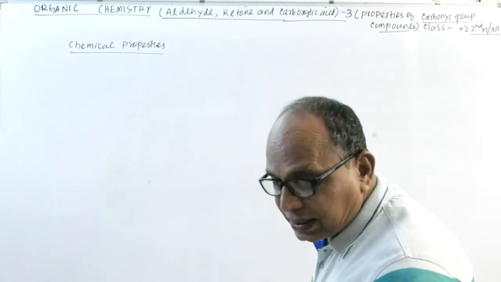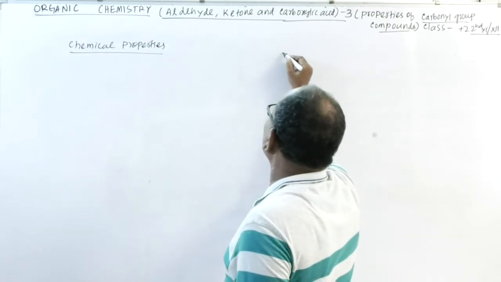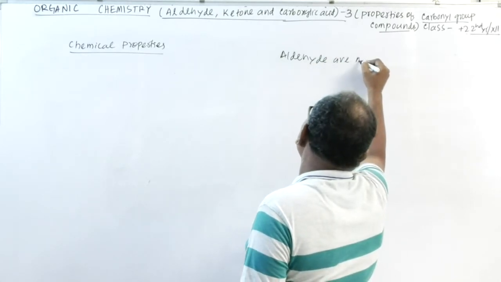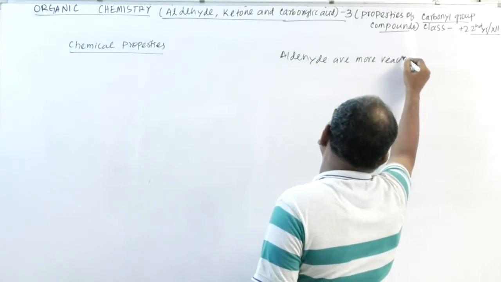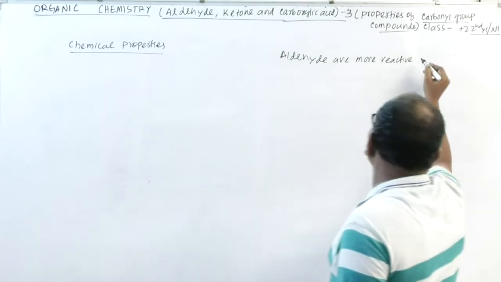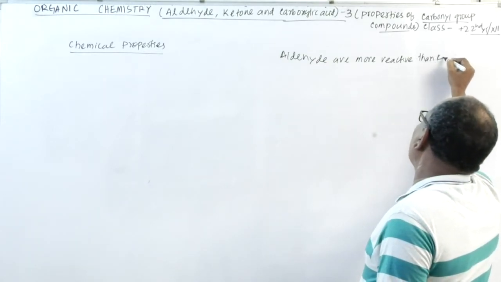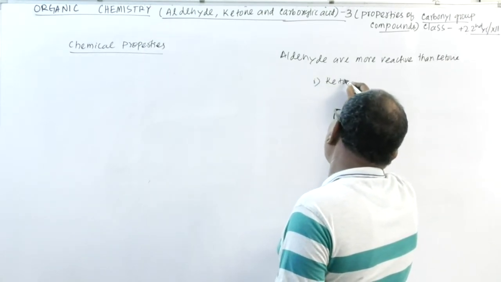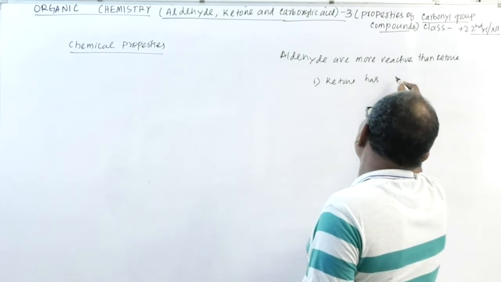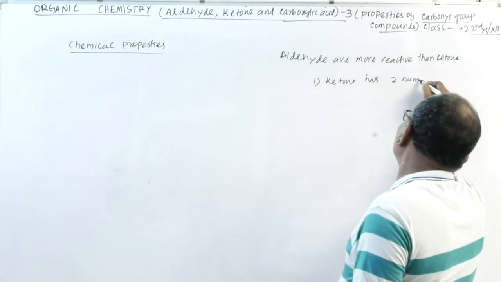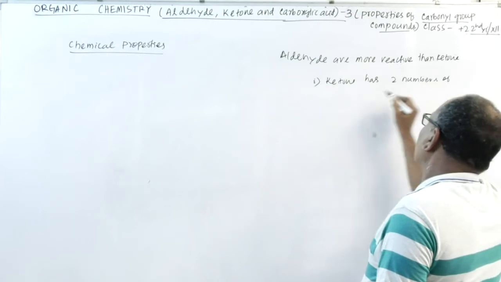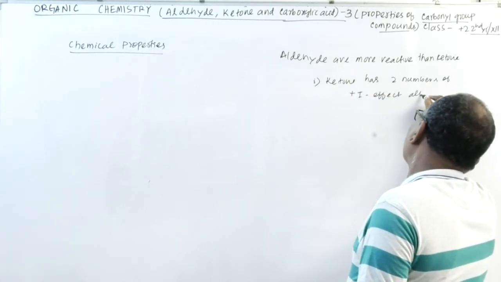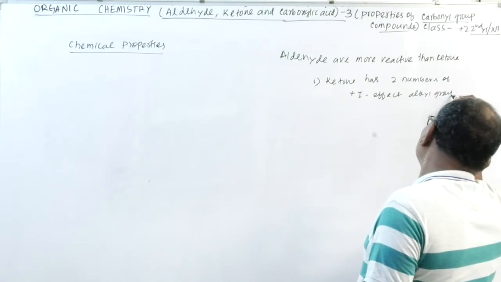that is, aldehydes are more reactive than the ketone, because ketone has two plus I effect alkyl groups.